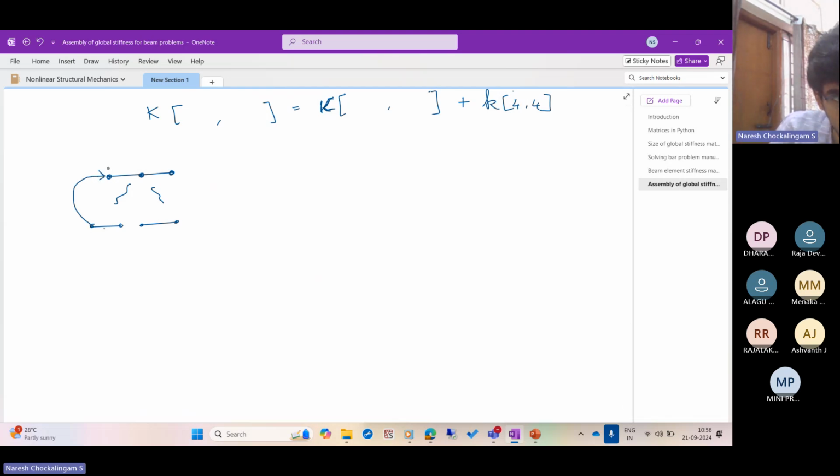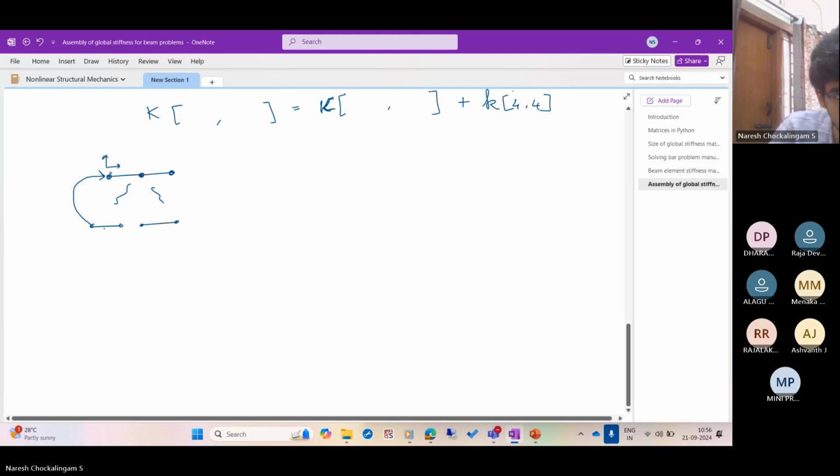But it has 2 degrees of freedom, so the first 2 degrees of freedom of the first element will go to the first 2 degrees of freedom of the global node. The second 2 degrees of freedom of the first element will go to this point. Similarly, the first 2 degrees of freedom of the second element will also go here, and these 2 degrees of freedom will go here. So this is the logic. For the middle shared node there is a summation.